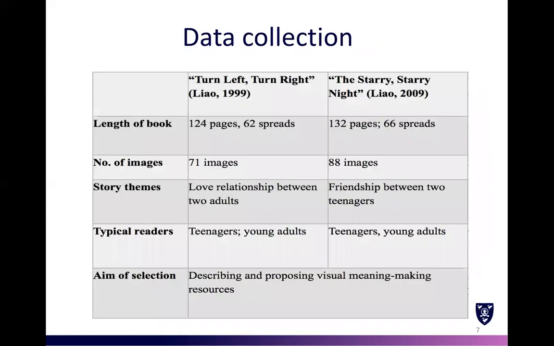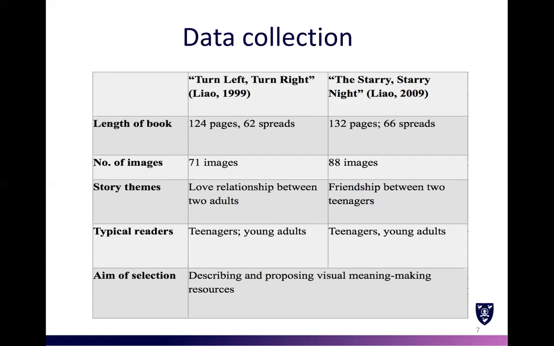This table summarizes the published information about the two picture book stories. One is called Turn Left, Turn Right. Another one is called The Starry, Starry Night. They are selected as the primary data source for the current investigation. Turn Left, Turn Right is a romantic story between two adults in an urban environment, while The Starry, Starry Night is a story about the growing pains of two teenage characters who live in an urban environment as well.